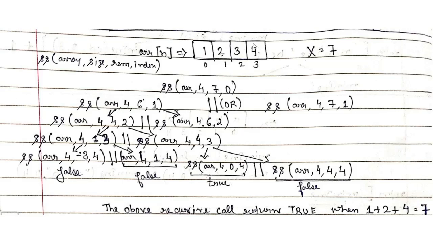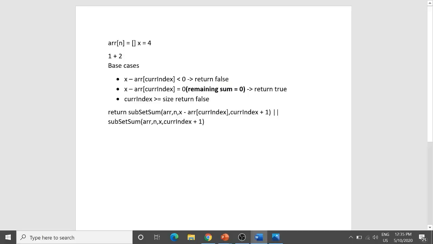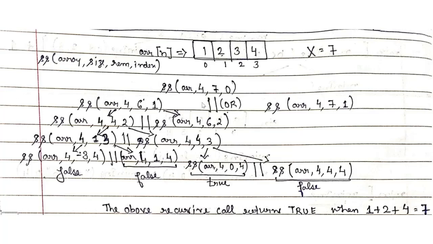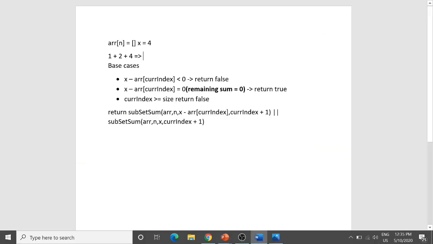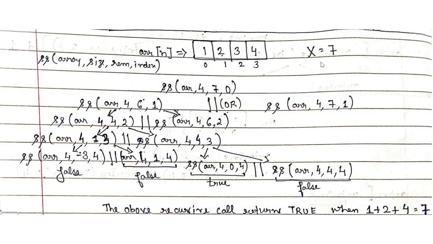So I included 4 too. So which subset gave me the answer 7, and which led this to be true? This is not the complete recursive tree. You need to recurse for all other subsets as well. This is one of the subsets. So the subset 1, 2, 4 led to a sum of 7.